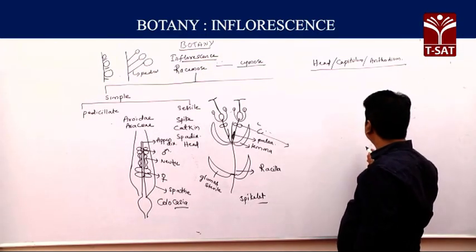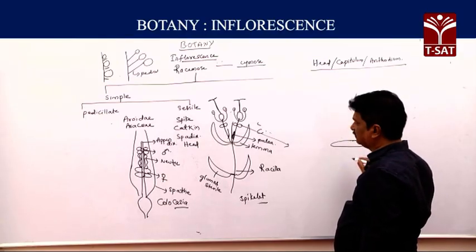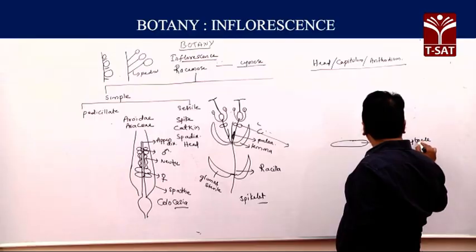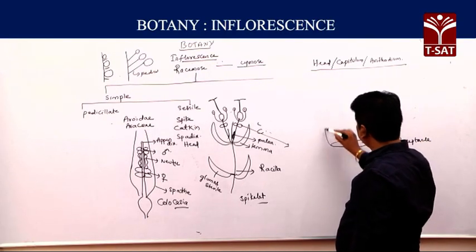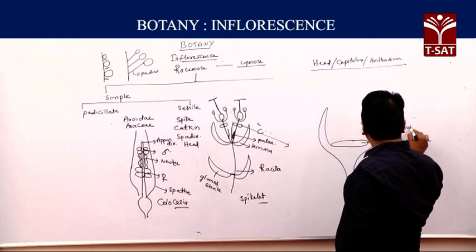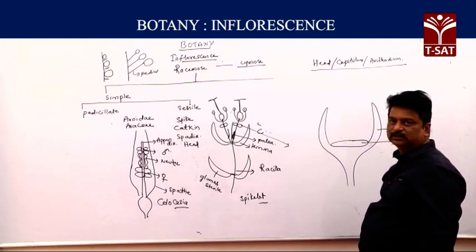Generally in head inflorescence, the peduncle has a flat end, that flat end is called the receptacle. This receptacle is enclosed by a row of bracts. This row of bracts is called involucre.